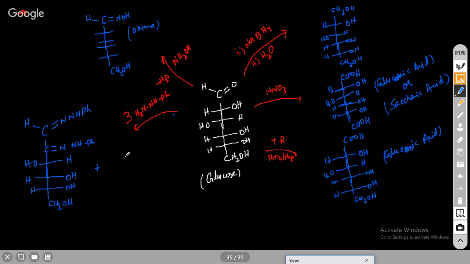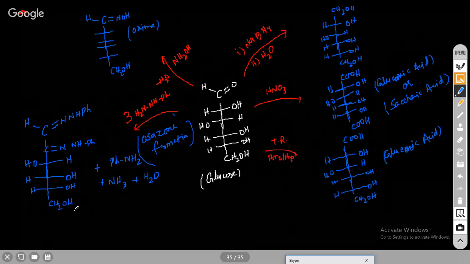Plus, in this reaction, we'll get Ph-NH2 out, phenylamine. Ammonia also goes out and water forms. This molecule we call osazone. Okay, it is osazone. This reaction is actually osazone formation.